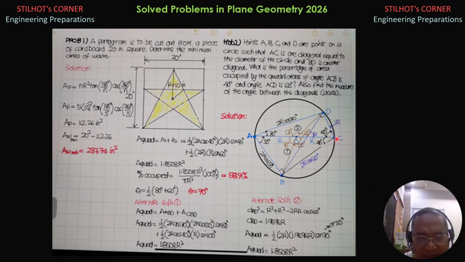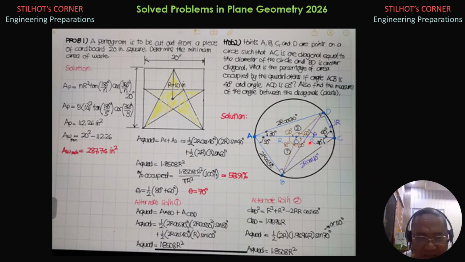These triangles are right triangles because the chords are joined to the ends of the diameter. Angle B subtends the semicircular arc, with an angle half of the angle subtended by that same arc at the center, which is 180 degrees, so that's why this is 90. The same is true with angle D.